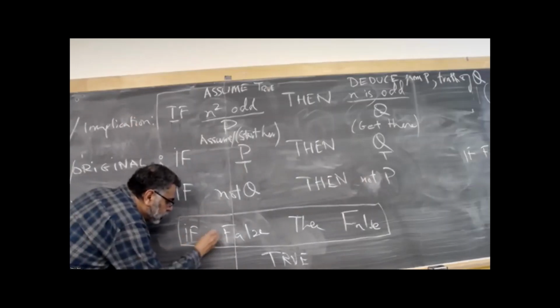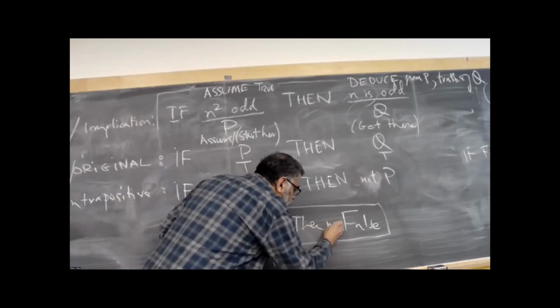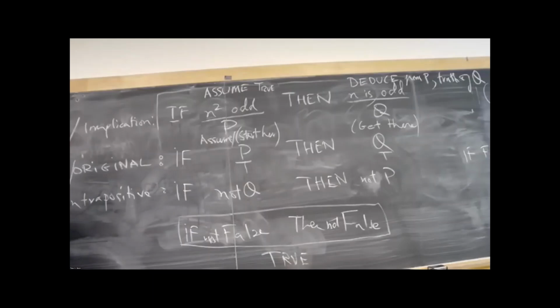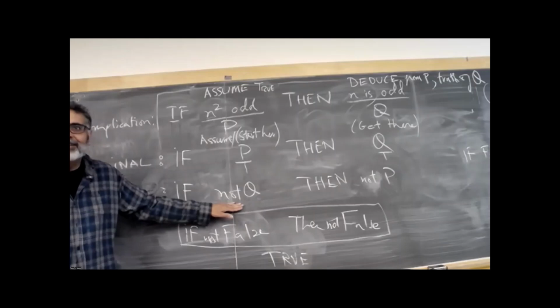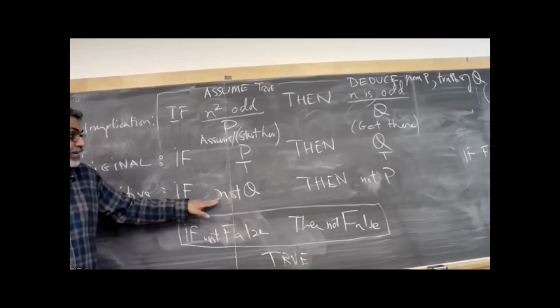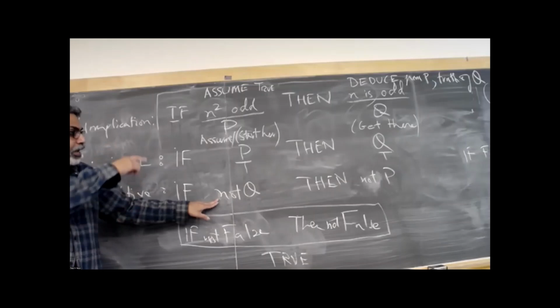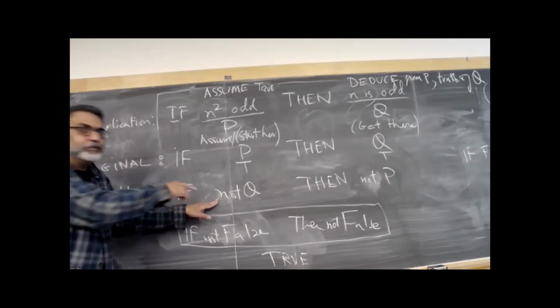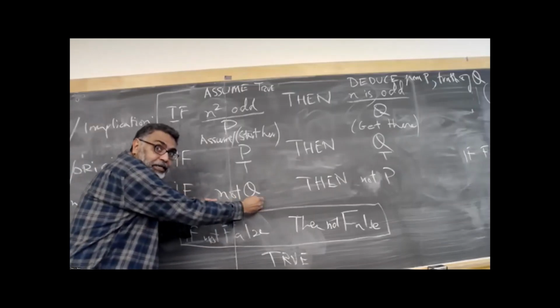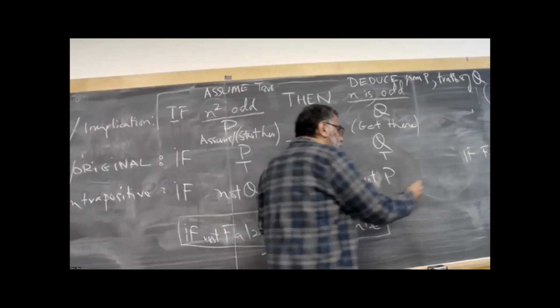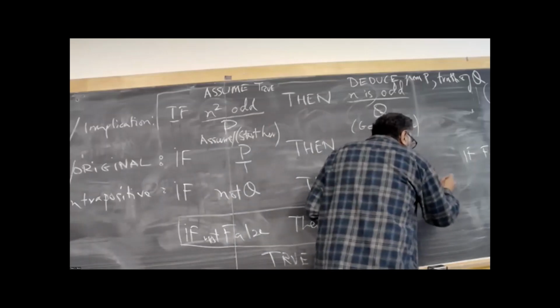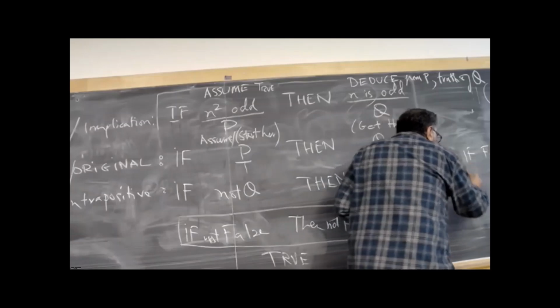Not false, not false. What's not false? True. So now we can assume the antecedent to be true. And then what we deduce and expand, this true statement will get us this true statement, because now it is true. So here, we're saying that Q and P are both false.